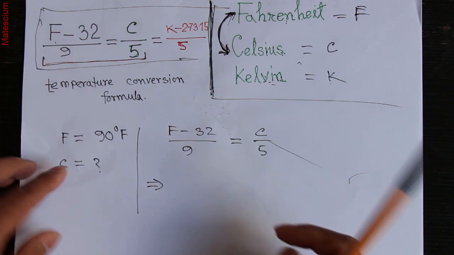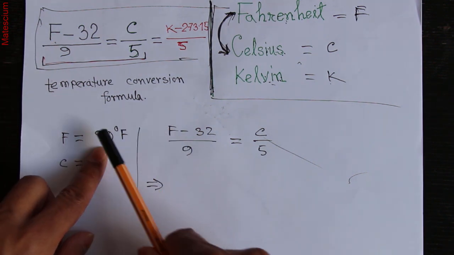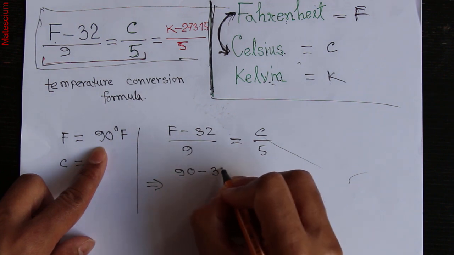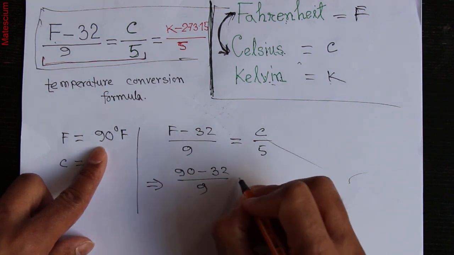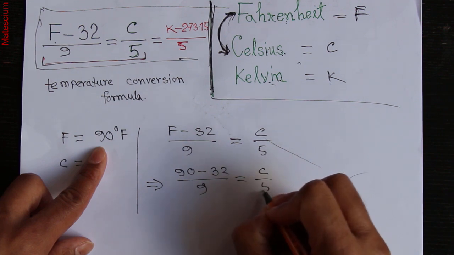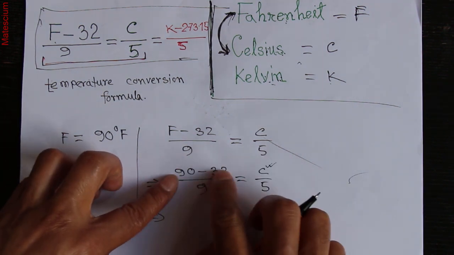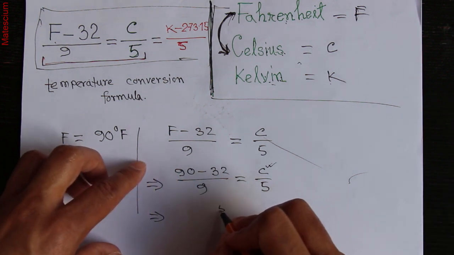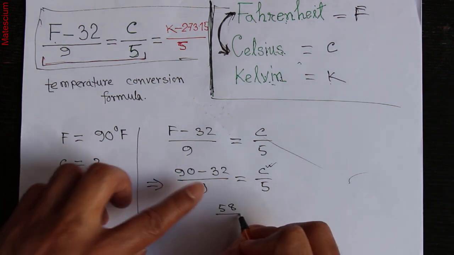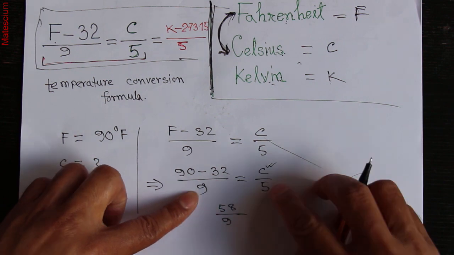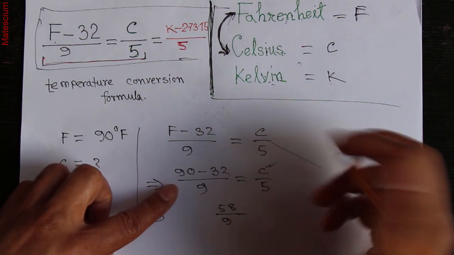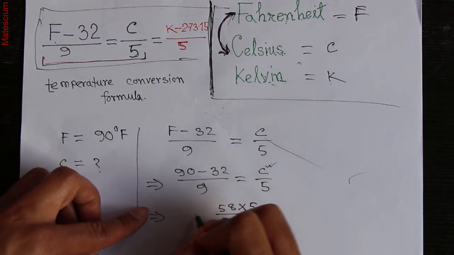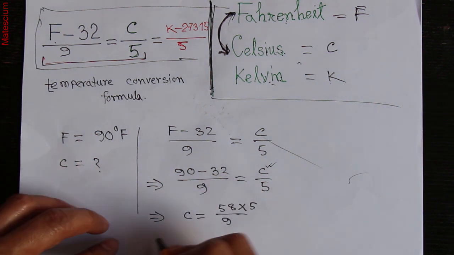For our case, F is given, Fahrenheit is 90 degrees. That means (90 minus 32) over 9 equals C over 5. If we do 90 minus 32, I think it is 58, over 9. If I take 5 to the other side, it will be multiplied with 58 and this equals C, meaning Celsius.